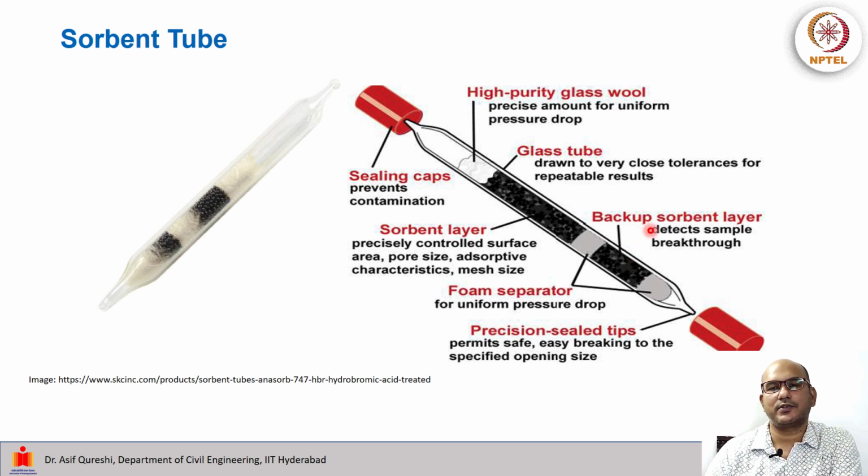So ideally there should be no VOC, or no organic compound, in this layer. Whatever gaseous compound we are analyzing should be adsorbed in the first layer and nothing should arrive at this layer. This is how it may look in a real tube: glass wool, sorbent layer, another separation, and then another smaller sorbent layer, which is just used as a check that our main sorbent layer is working properly.